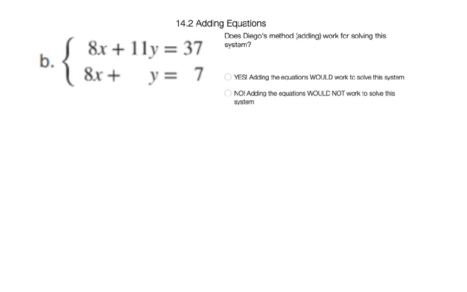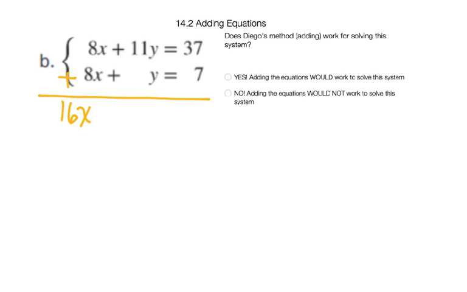The next slide says, okay, let's look at this one. Does Diego's method of adding work for solving this system? So let's do the exact same thing that we did. We're going to add these two together. If I have 8x and I add 8x, I get 16x.